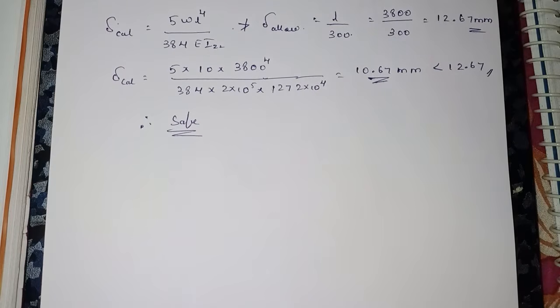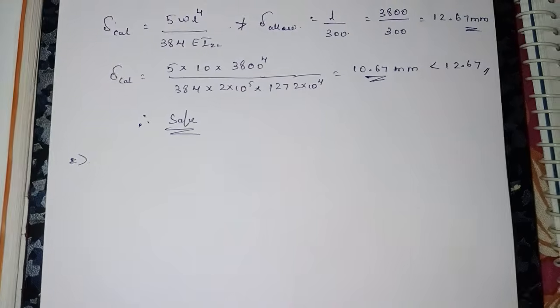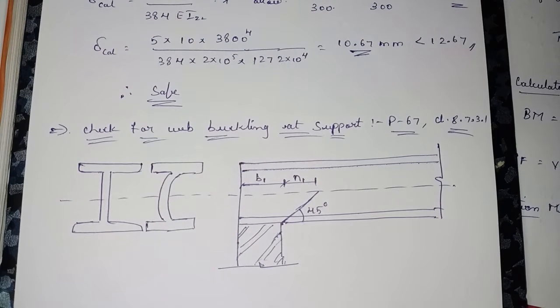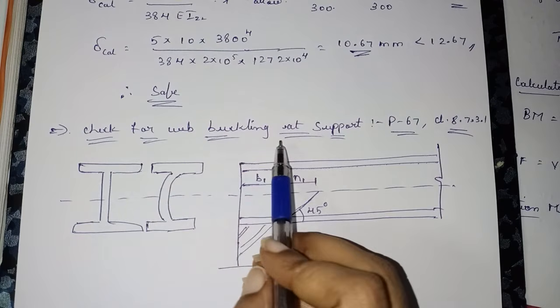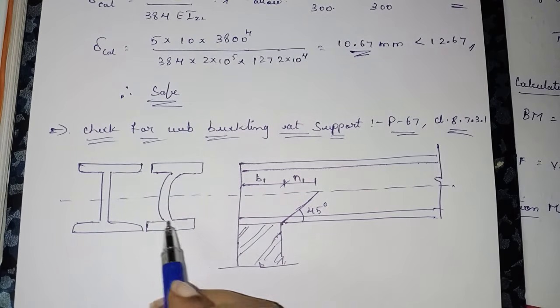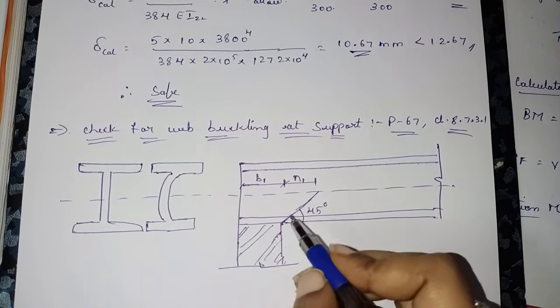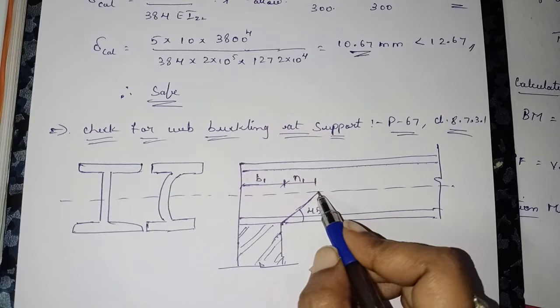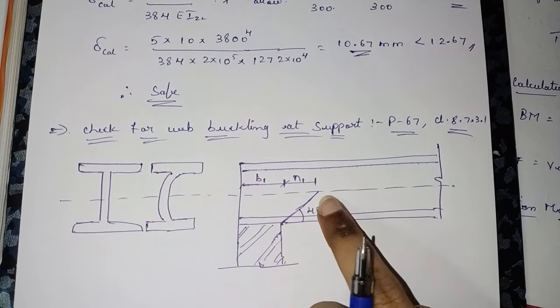Now next we will calculate the last check. Finally you need to check for web buckling and web crippling. Here it is web buckling at the support. The buckling forces will act like this. If it is in the support, the code book says it is dissipating at 45 degrees, and then it will be something like this.